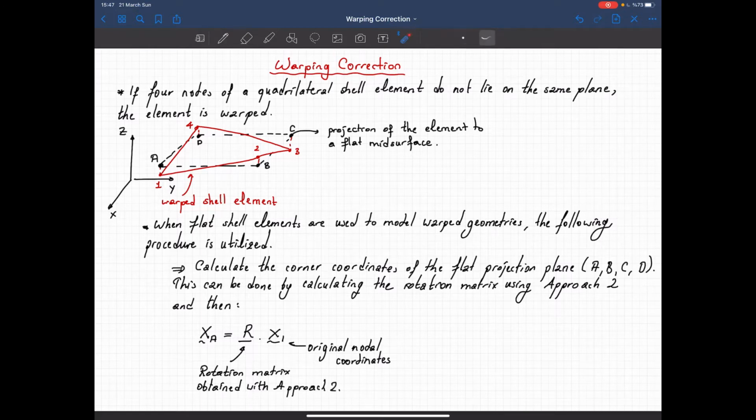If you remember, the approach uses V13 and V24, and from that it generates a coordinate axis for the midpoint.